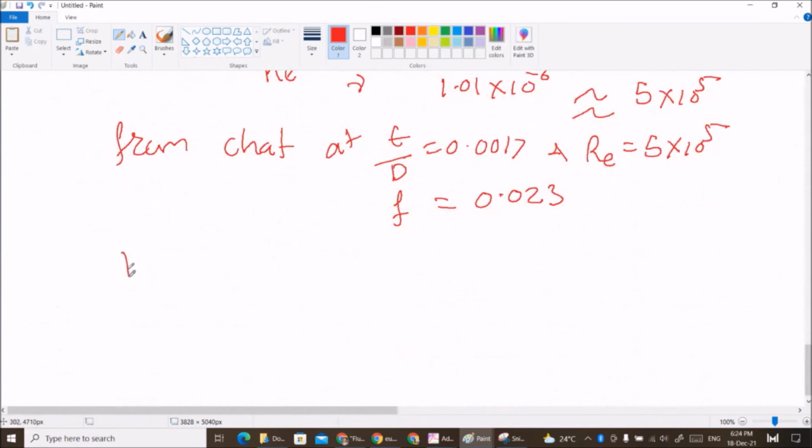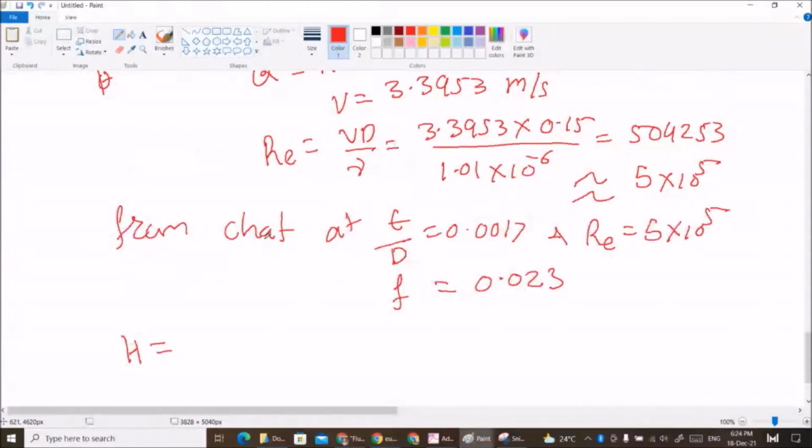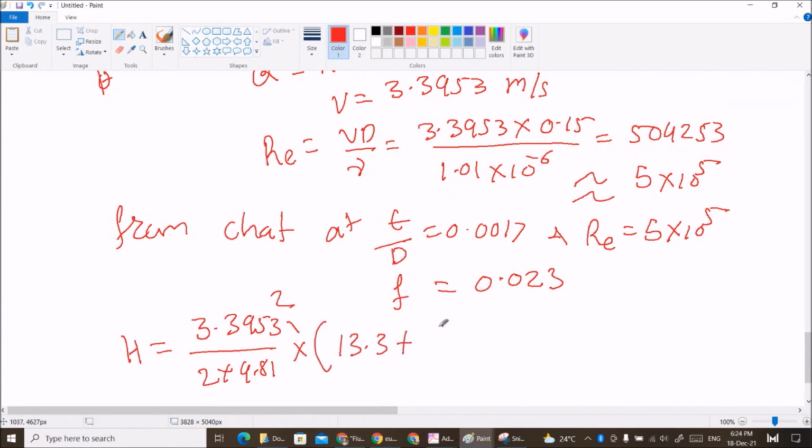So H is equal to V is 3.39, so 3.3953 into square divided by 2 into 9.81 into 13.3 plus 680 into 0.023.